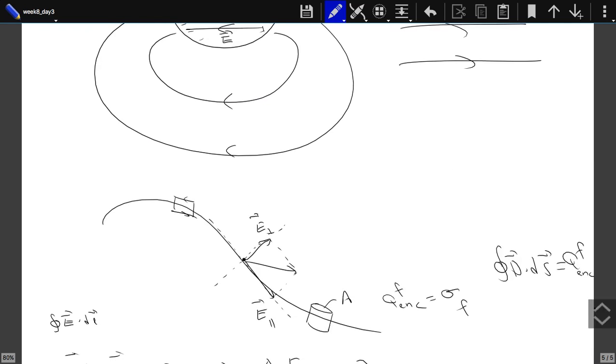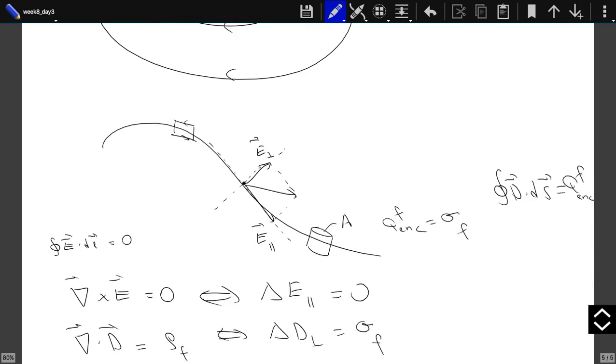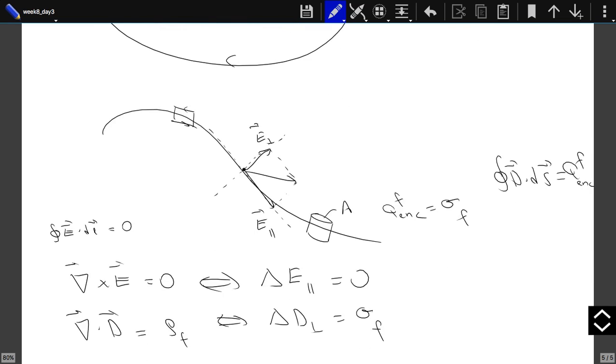We first took the limit that this side goes to 0, and then dl vector over here is parallel to the surface, so the scalar product gives me the parallel component of the electric field. And since this integral is always equal to 0, this told me that the parallel component of the electric field as we cross this surface changes continuously. There is no jump. But the displacement field can jump from one value to the other value as we are crossing the surface.